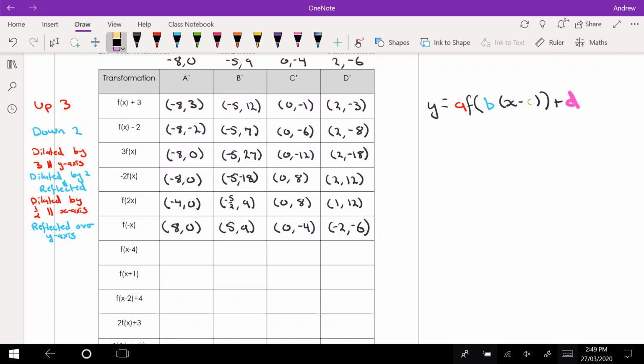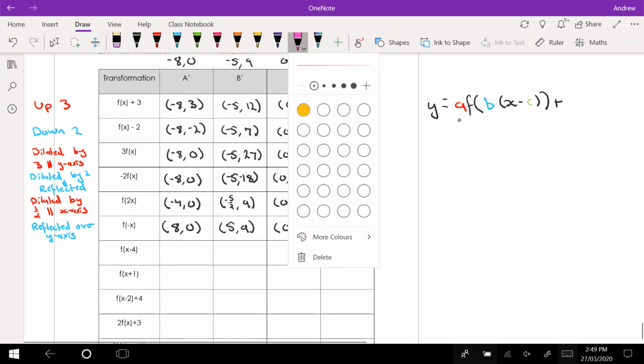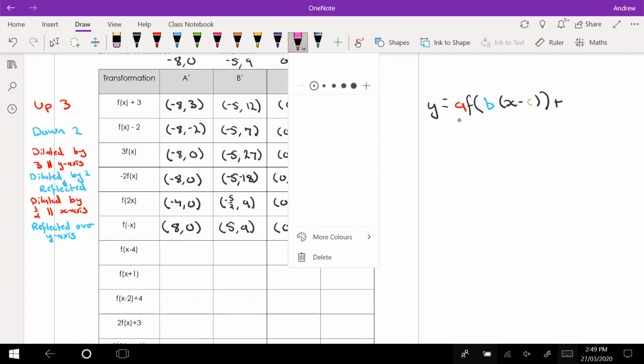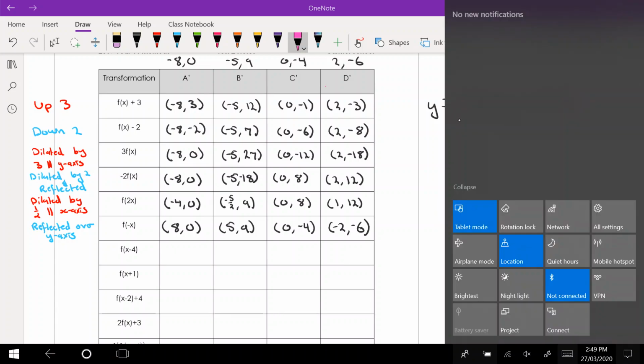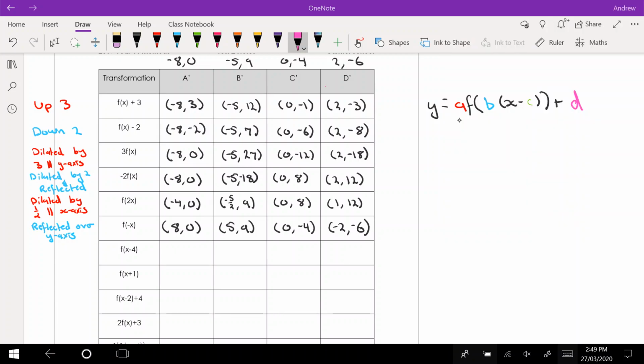Oh, that just looks stupid. There we go. Plus d. Okay? If I change a, that dilates in y. It changes my y coordinates. If I change d, it goes up or down, changing my y coordinate. If I change c, that moves me left or right, changing my x coordinate. If I change b, it changes my x.